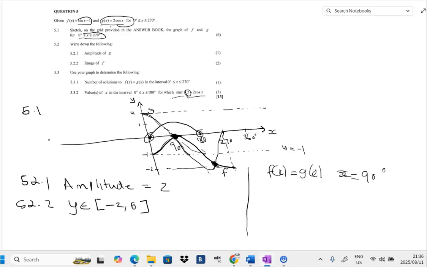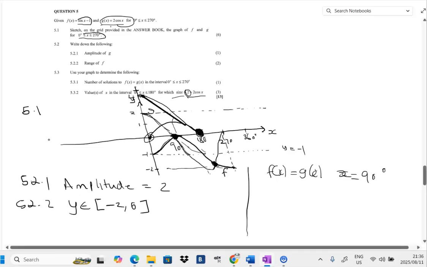which is going to be like, we're going to start at 4, somewhere here at 4. Okay, this is 90. So these points are going to be equal somewhere here.